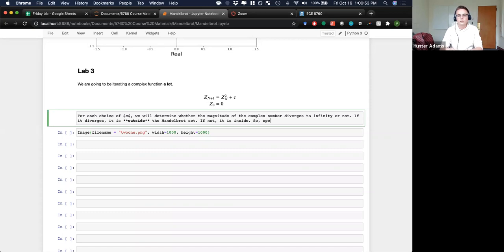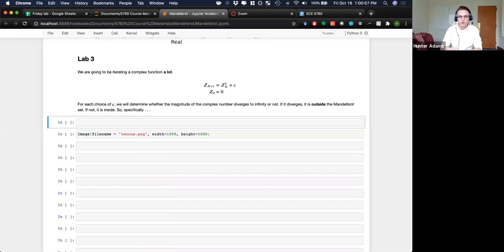So specifically, we'll be going through the following process. We will start by choosing some threshold number of iterations to test. We can't obviously run this iteration infinity times to see if a particular choice of complex number diverges to infinity, right?